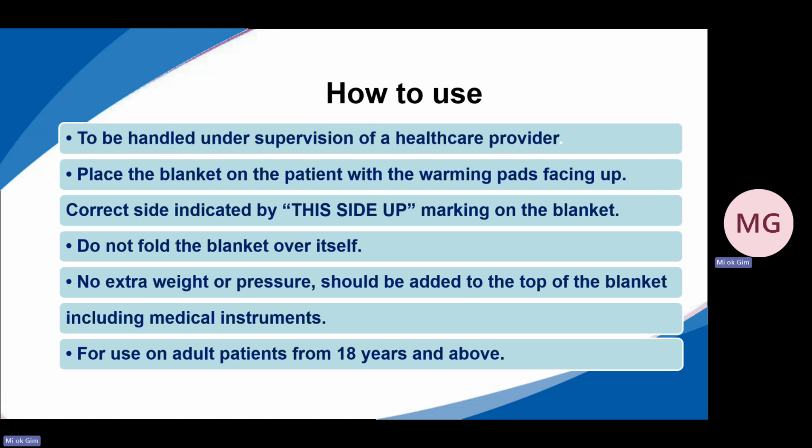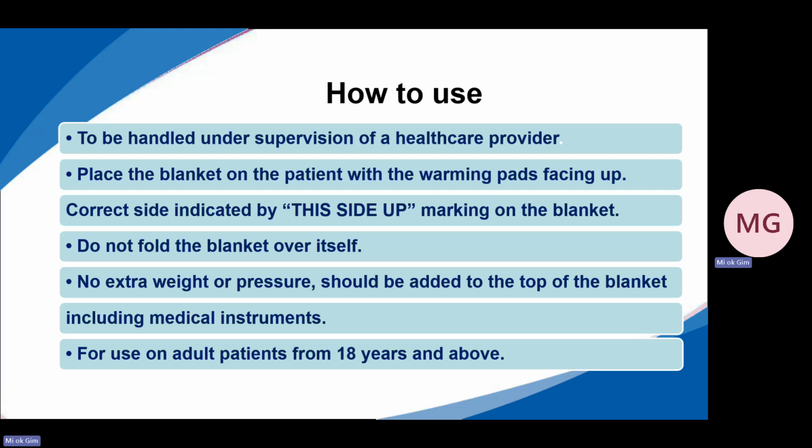So basically, we should use this blanket with trained staff and place the blanket on top of the patients. I mentioned the warming pads should be facing up. There's a printed sign saying this side up. The marking on the blanket should be visible. And when we use this blanket, it shouldn't be folded because the warming pad can get a little bit hotter.